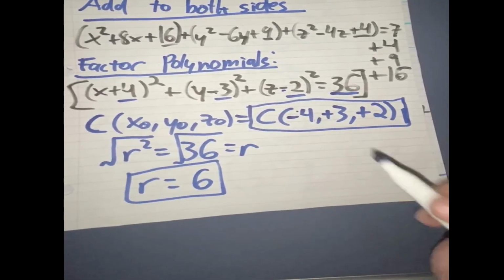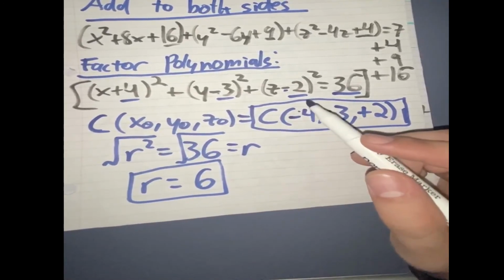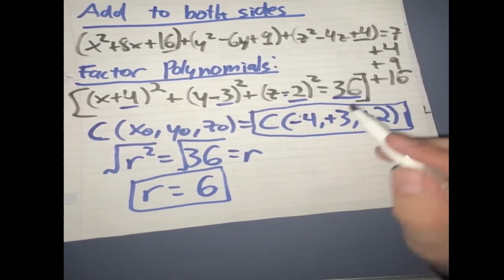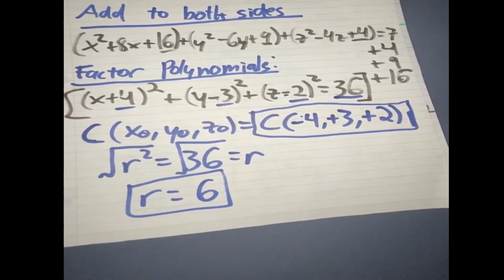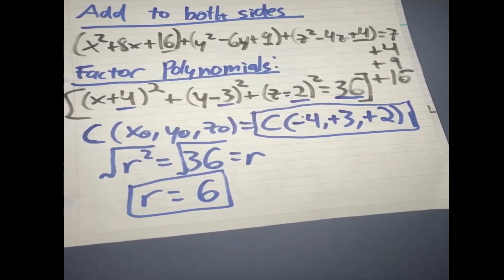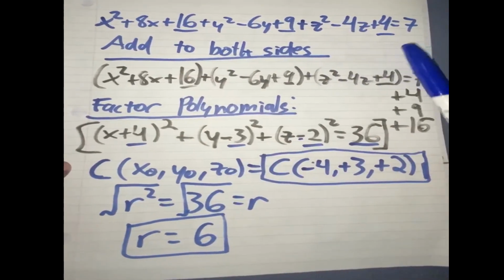So we get minus 4, plus 3, plus 2. All we did right here was flip these signs. Then it's equal to 36, but 36 is our r squared, so we take the square root of it, and then we get r. And that's how we find the center and the radius of a sphere, given something that looks like this.